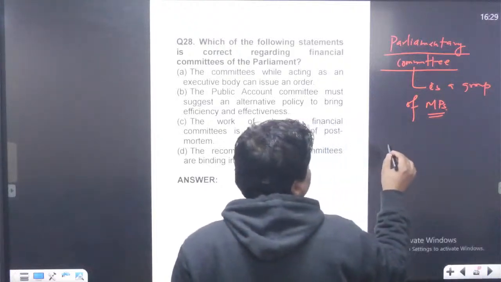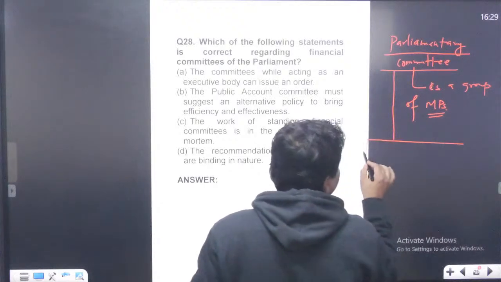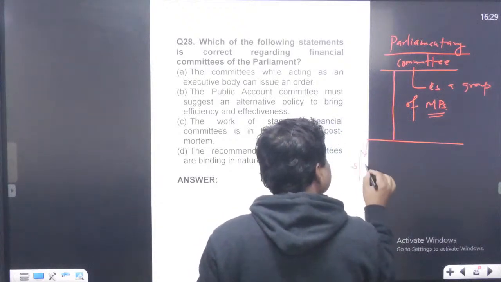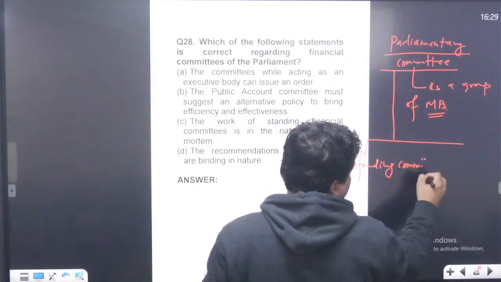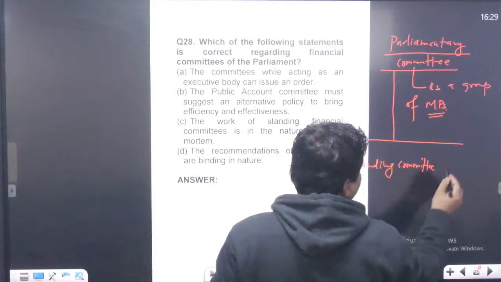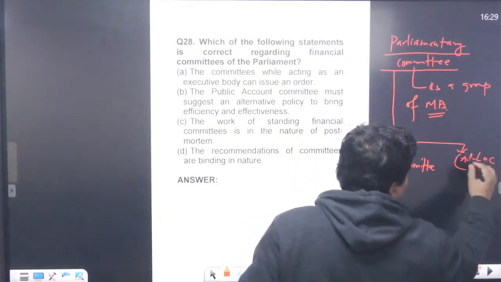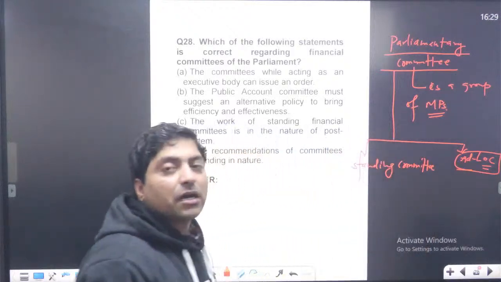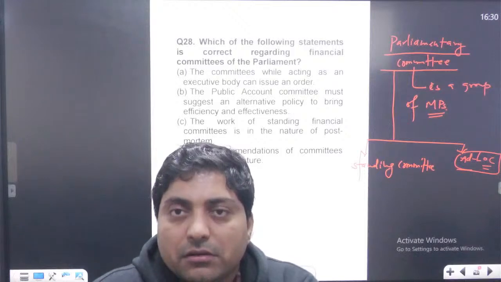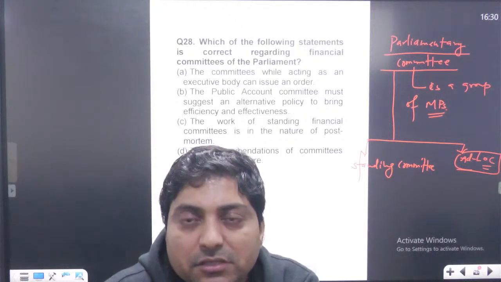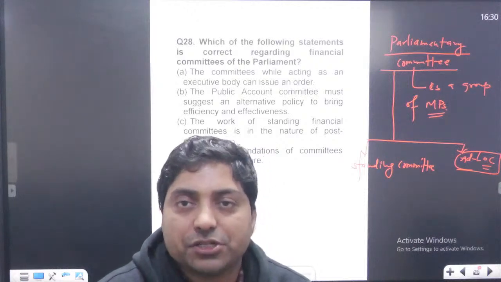Now, there are two types of parliamentary committee. One is called a standing committee, and the second is called an ad hoc committee. An ad hoc committee is always a temporary committee. Committees are made and given a certain assignment, and when the committee has finished its work, it is dissolved.